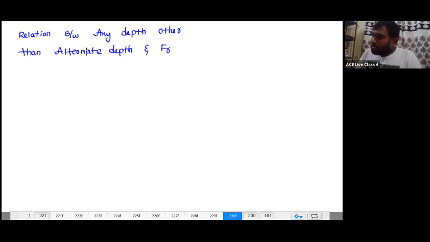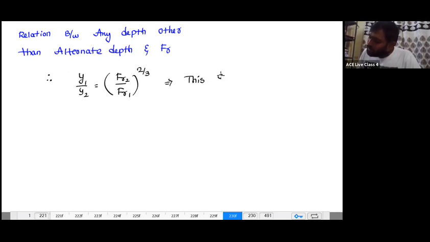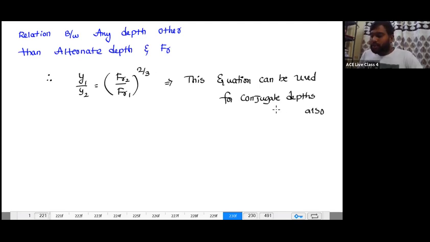So for any depth other than the alternate depths, I can use one equation: Y1 by Y2 is nothing but Fr2 by Fr1 whole to the power of 2 by 3. So this equation can be used for conjugate depths also, because you take any depth other than the alternate depths.